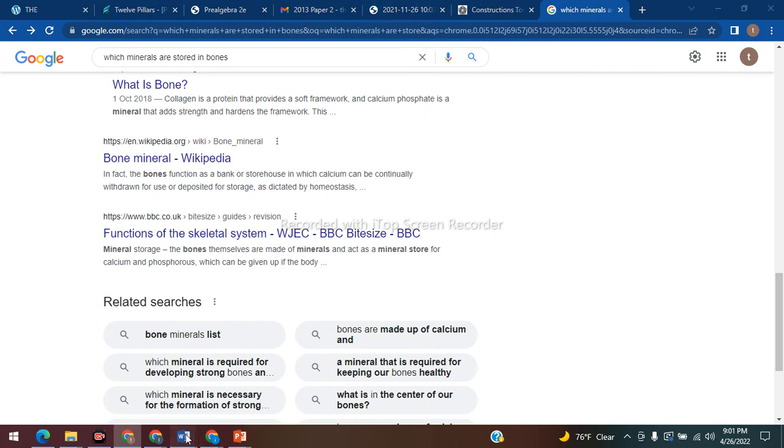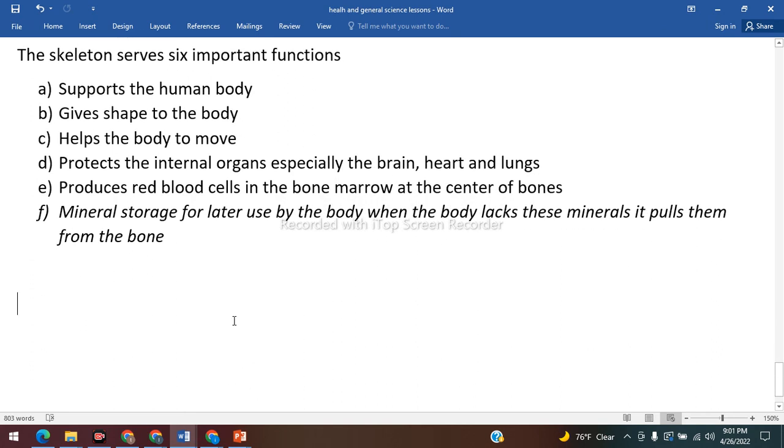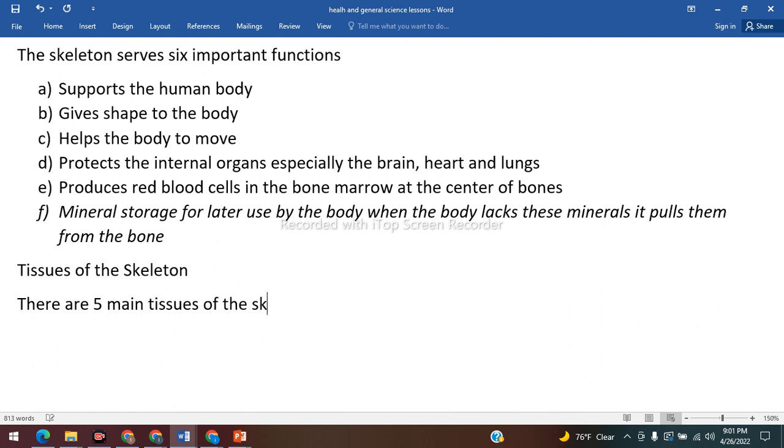Alright, let's go back to the notes. So tissues of the skeleton. There are 5 main tissues of the skeleton. They are number 1, the cartilage.